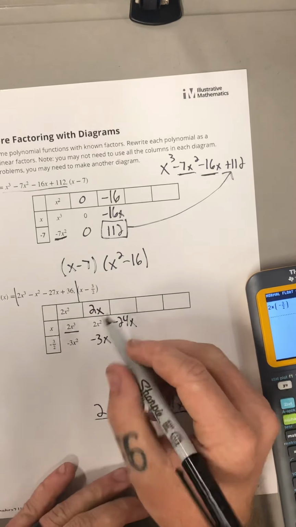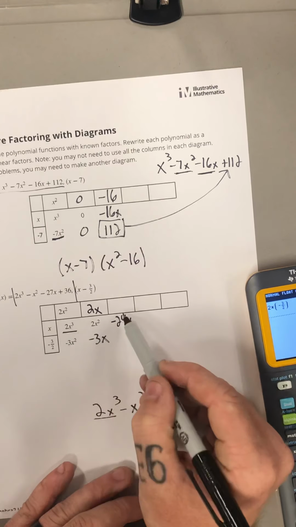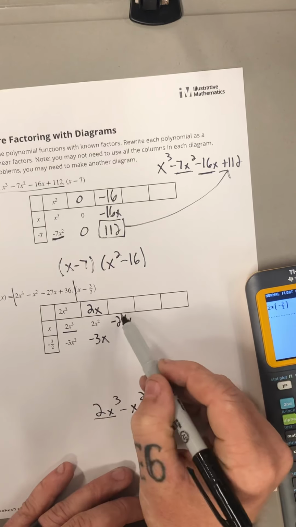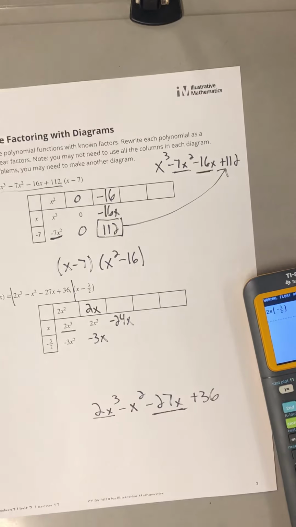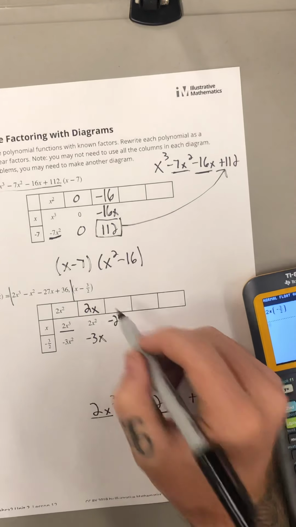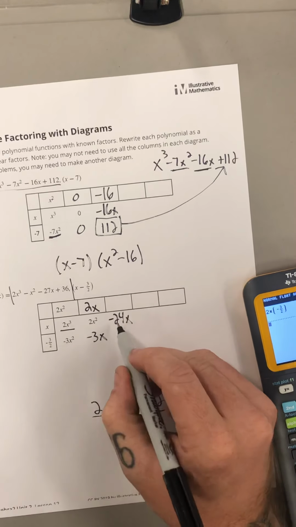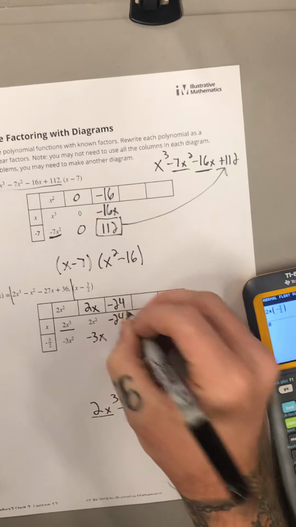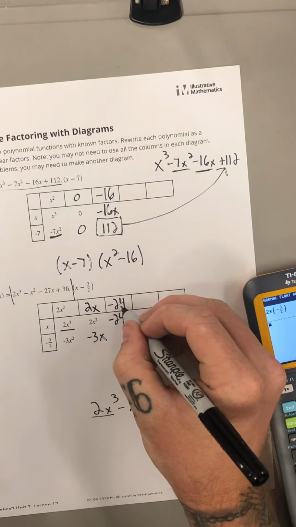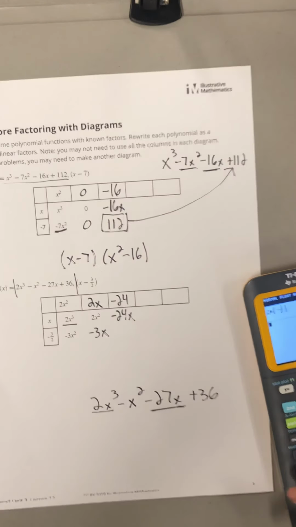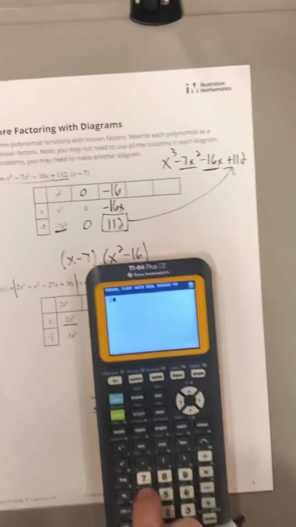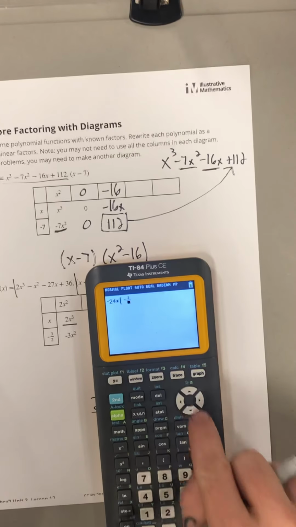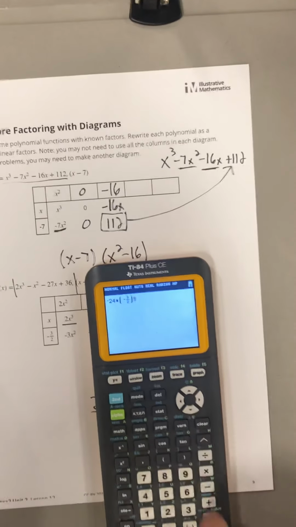Negative 3x, negative 24x gives me negative 27. All right, so remember that when we're circling in the box, the diagonals are combining. So negative 3, negative 24 is negative 27. Then I use this to fill out the top. X times what gives me negative 24x? The answer to that would be negative 24. Negative 24 times negative 3/2 is 36.